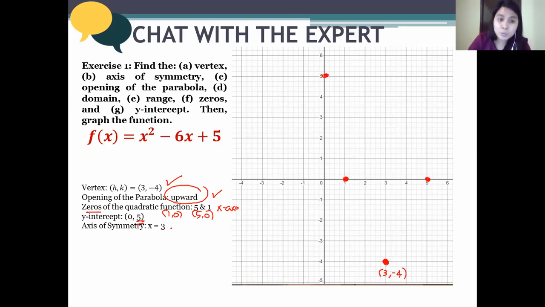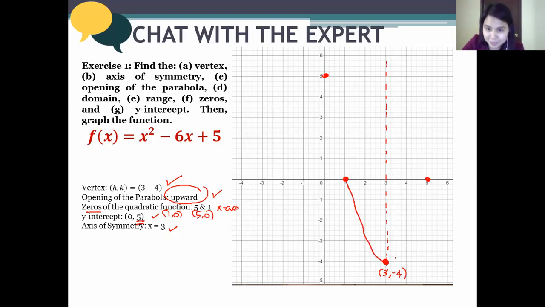Next, we draw our axis of symmetry. x equals 3. It should be a broken line to show that it is the axis of symmetry. It should pass by the vertex. The next, we will draw our parabola. Opens upward.